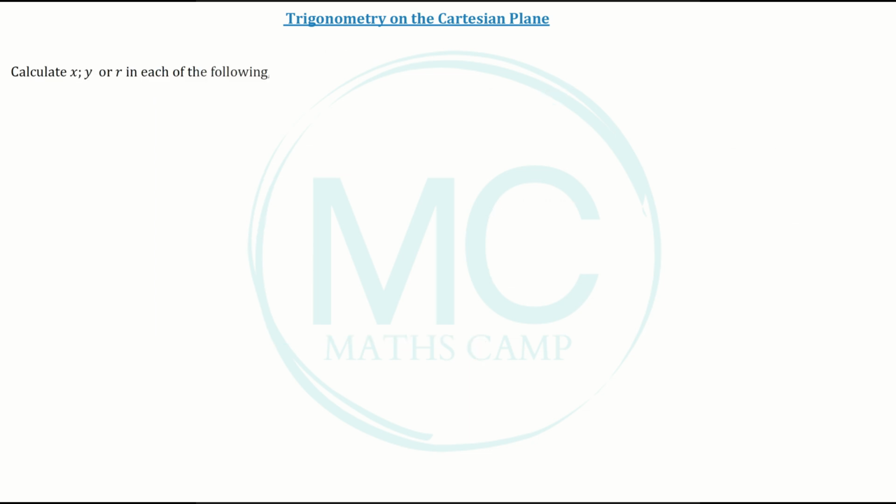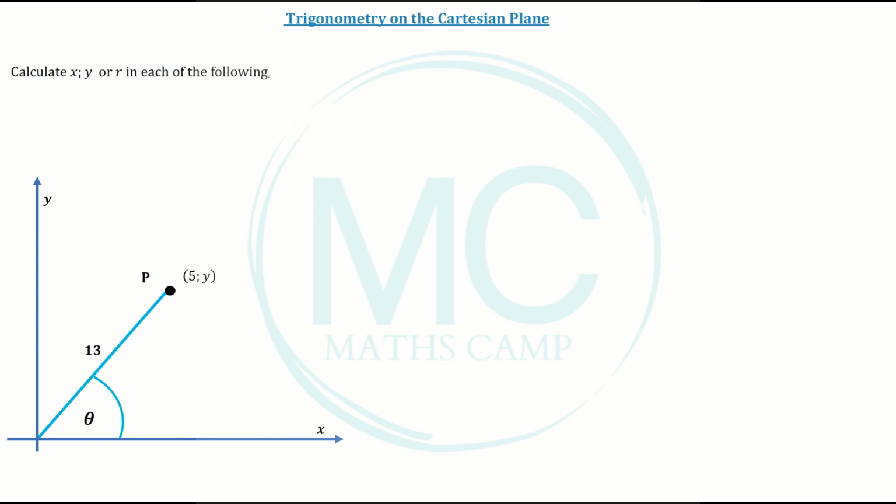Calculate x, y, or r in the following. For part A, we have a diagram with an acute angle in the first quadrant. We have point P, (5; y), and r is 13, the length of our terminal arm. And in this case, we need to solve for y. Our terminal arm is 13 units. So let's make a note, and we say r is 13.